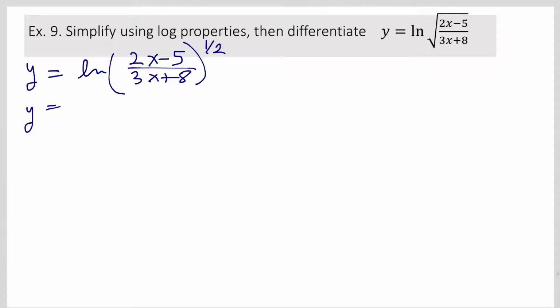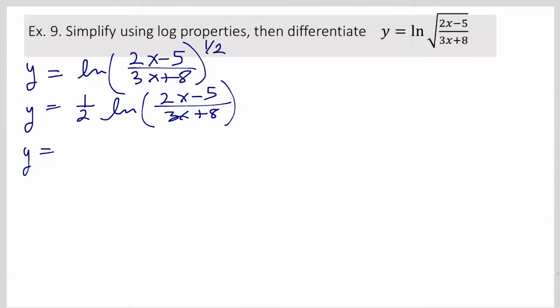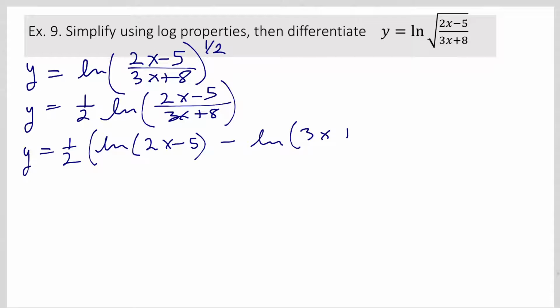So that's the same thing as 1/2 times the natural log of this quotient. So I can keep going. So this is the natural log of the numerator minus the natural log of the denominator. And now I'm ready to take the derivative.